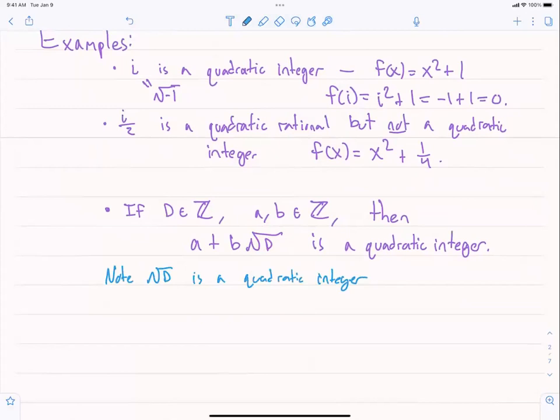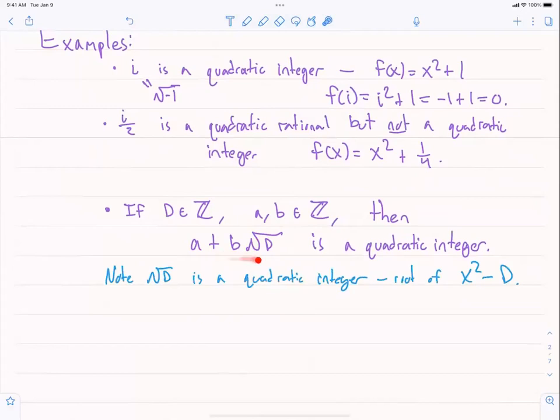It's a root of x squared minus d. That corresponds to something of the form a plus b square root of d, where a and b are integers, when I take a equals 0 and b equals 1.